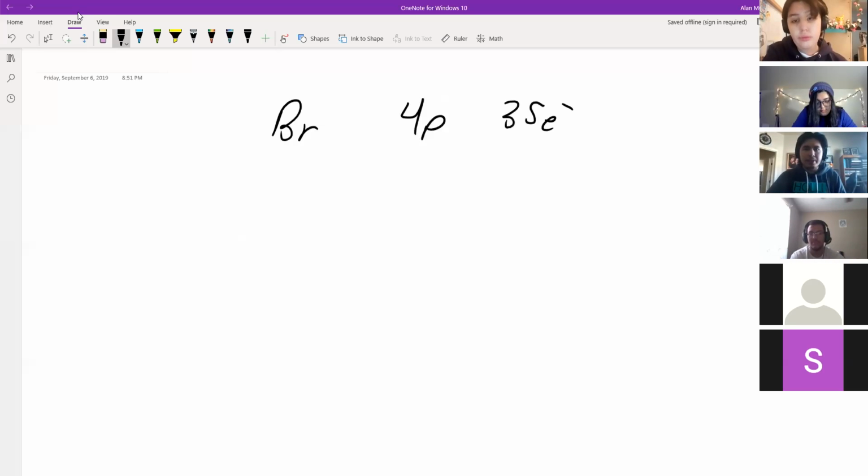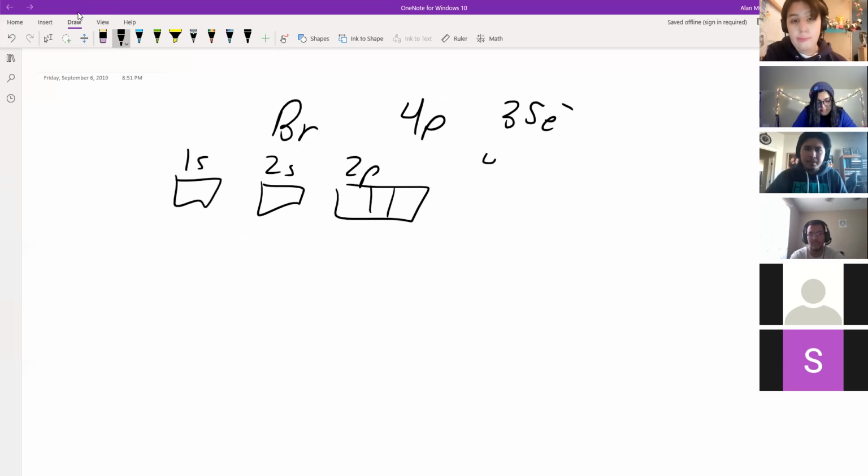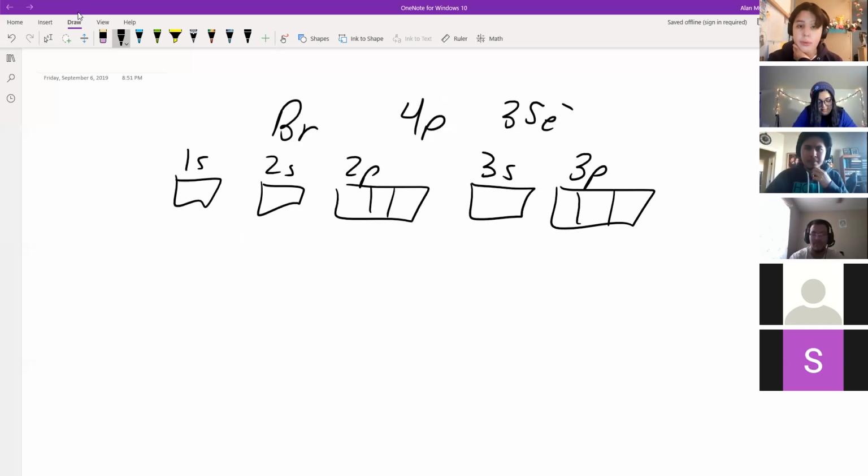So let's start from the ground up, starting with S. We know it has our 1s, 2s, 2p, and then our 3s. And then, what do I do from here, 3s? Do I go straight to 3p? Yes, 3p6, because previous shells will be filled, right?